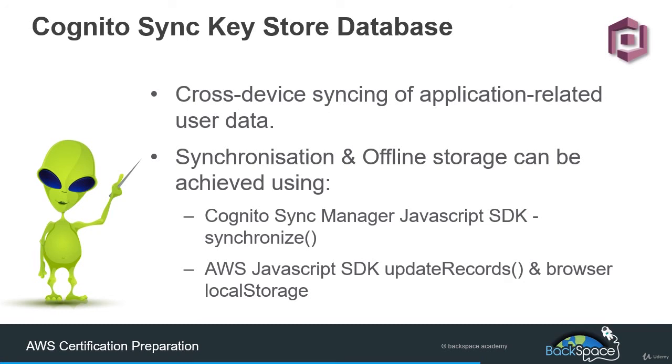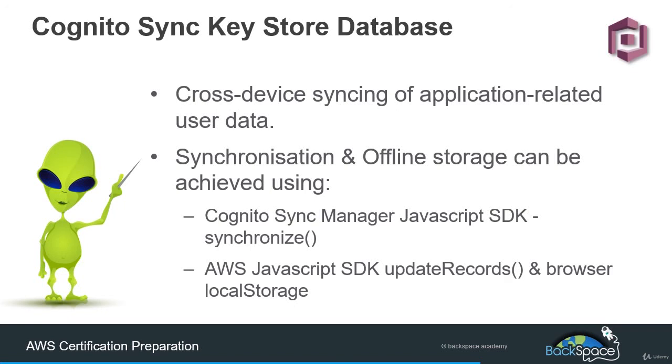And it does that by looking at the sync count. So if your local browser that you're using has a lower sync count, then it's older information, so it will be updated. If it has newer information, if it has a higher sync count, then your local data on your browser will update the Cognito service.